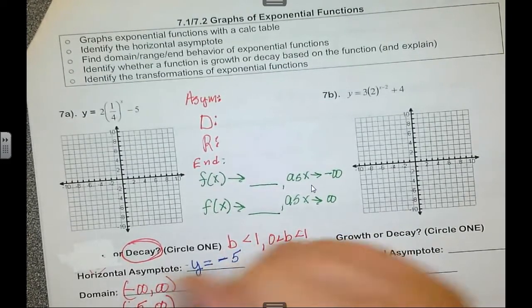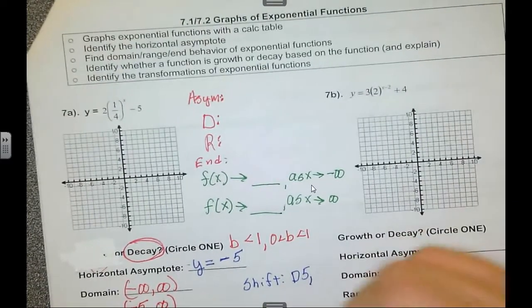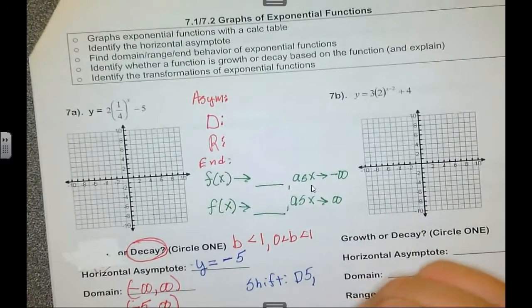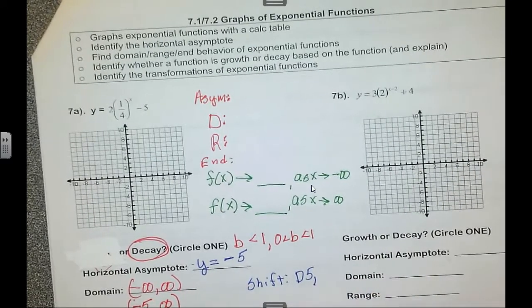Doesn't reflect on the axis. As my x goes to the left, my y is going to go to positive infinity. As it goes to the right, since it's decay, it's going to go to negative 5.